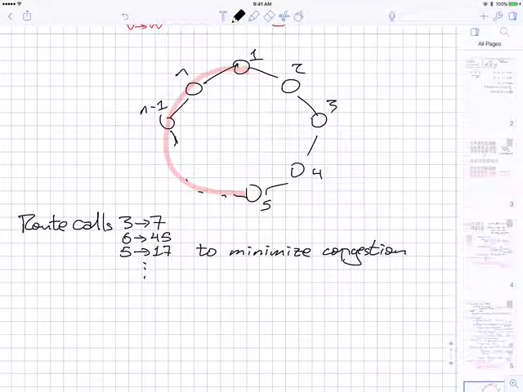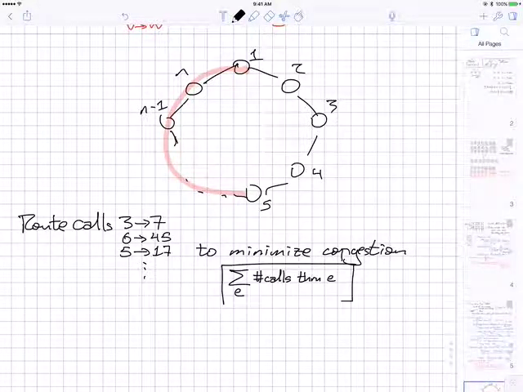Okay, so the congestion I'm going to define as the sum over all edges in the network of the number of calls that go through that edge. This is my objective value. Oh, sorry. That's exactly why I wanted to look.